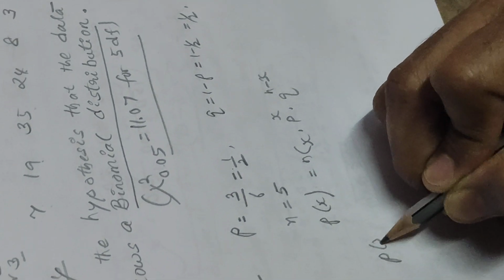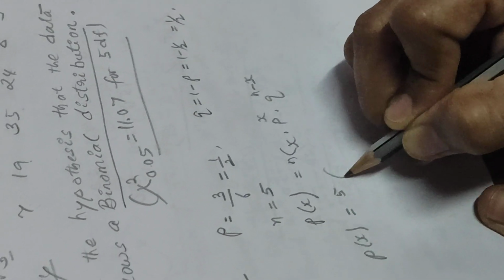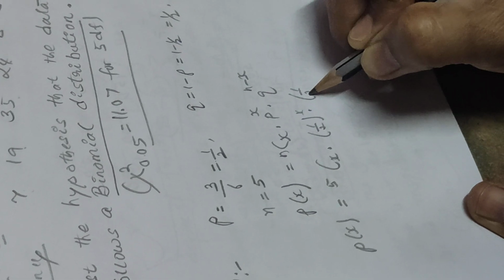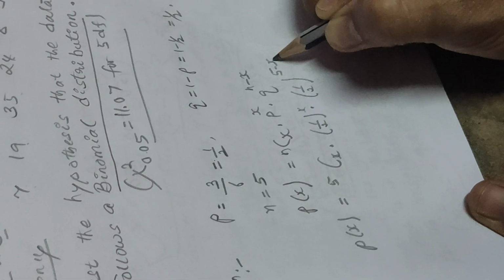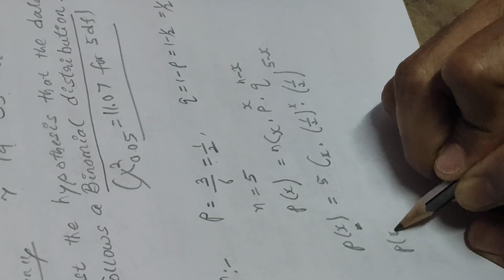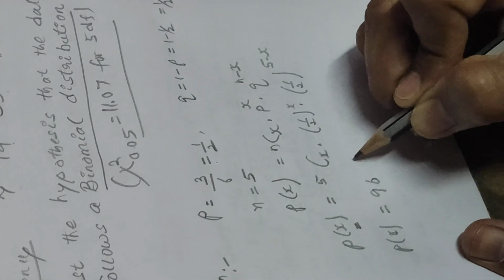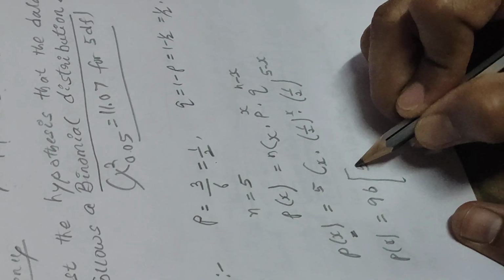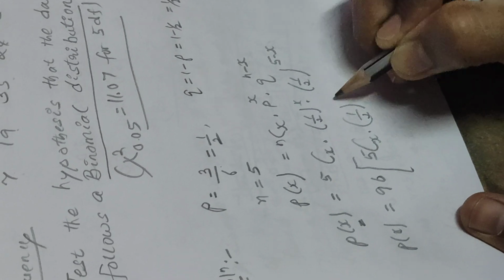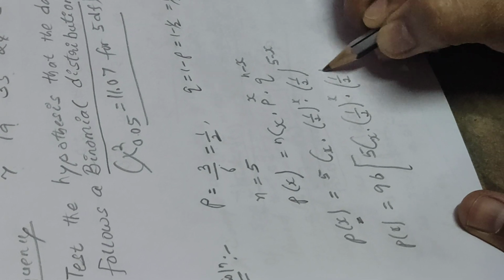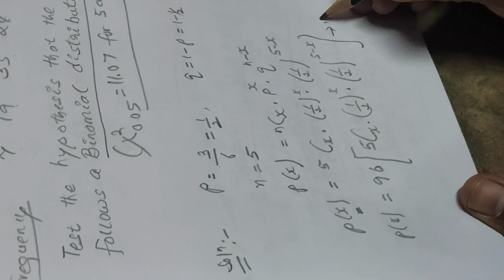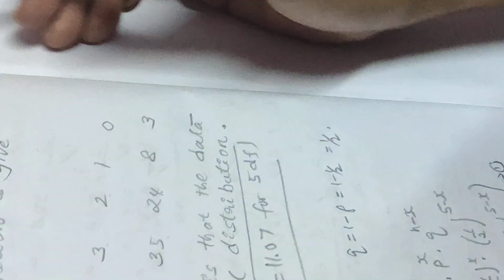So P of x is equal to 5Cx, 1 by 2 power x, 1 by 2 power 5 minus x. Since the dice is thrown 96 times, we multiply by 96. Now call this equation number 1 and substitute different values of x.